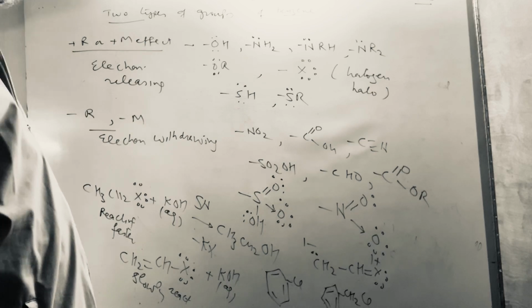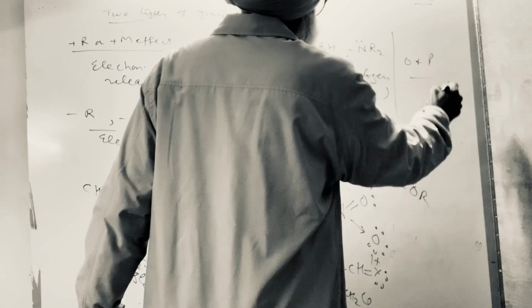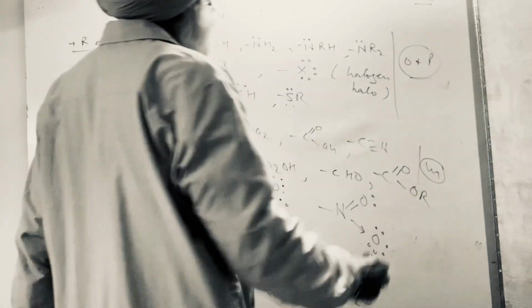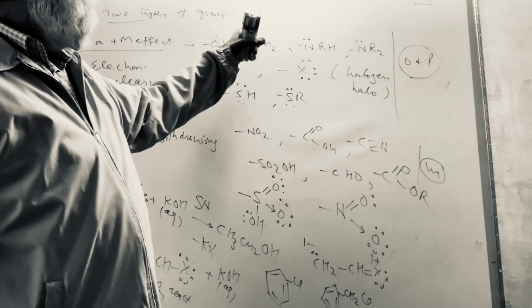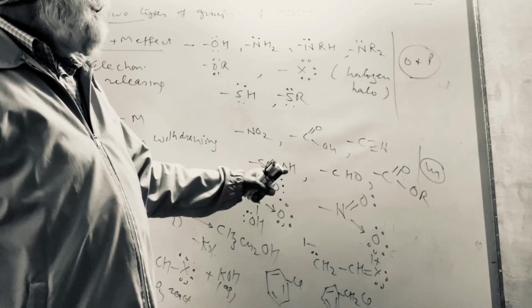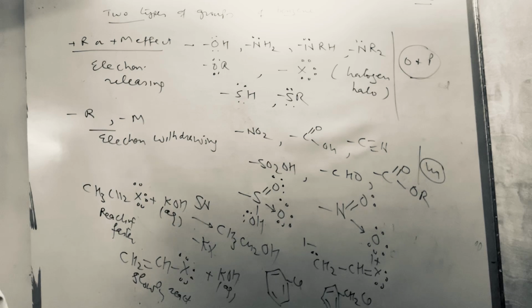For example, these are ortho and para directing. These are meta directing. The new group will be directed towards ortho and para positions by these groups, while this group will direct the electrophile to the meta position. This will be taken up next time.